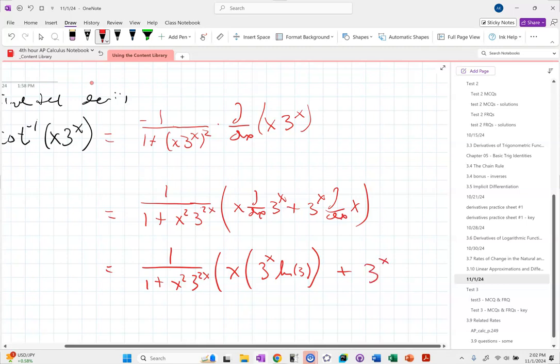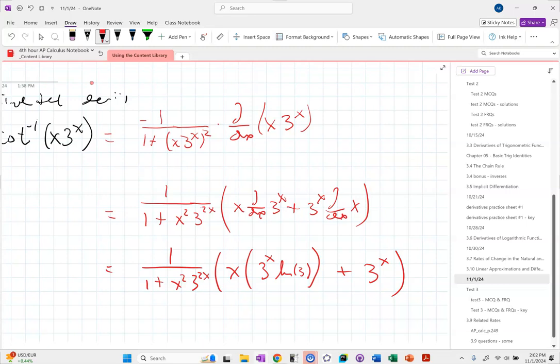Thank you. And here the calculus is done, so you should stop. You do not need to try to combine any like terms. You can if you so choose, but if the calculus is done, you can stop unless it's a multiple choice question that has like A, B, C, D, and you're like, my answer doesn't match any of those. You might have to keep going to simplify your answer to make it look like it.